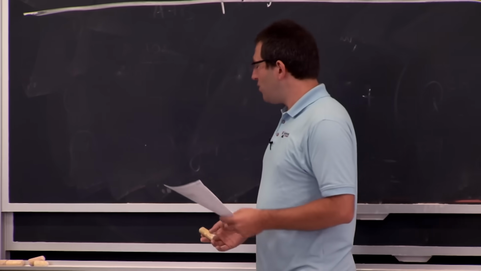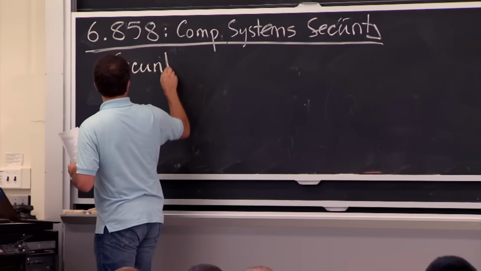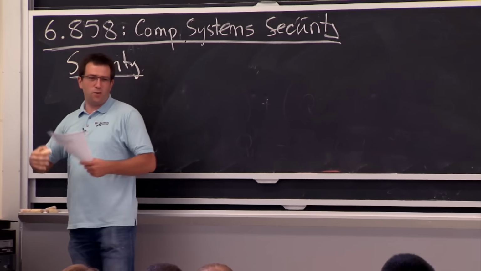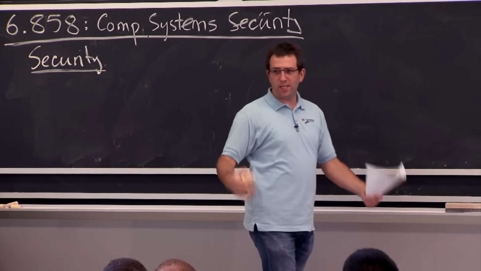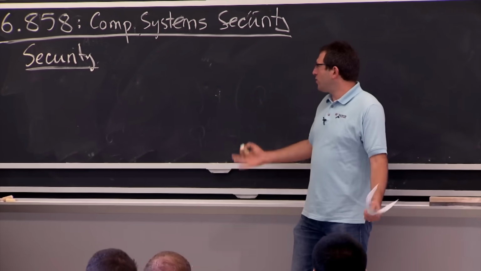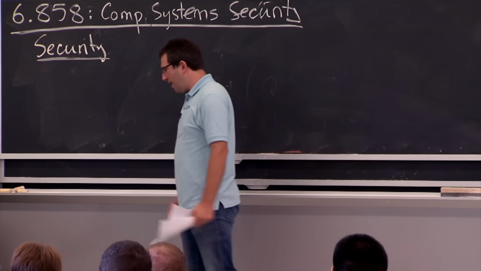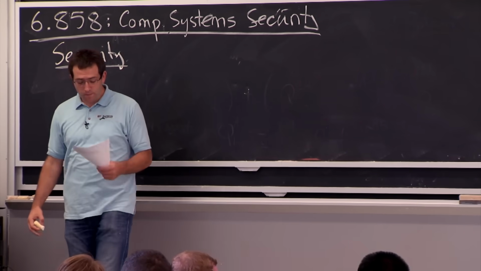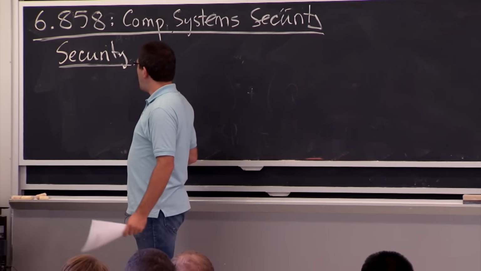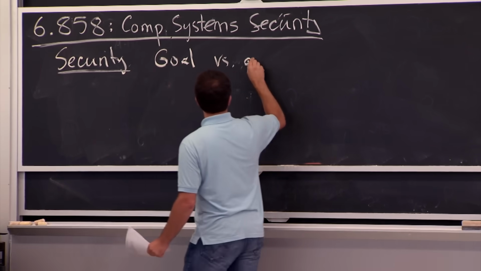OK, so what is security? We'll start with some basic stuff today. And we'll look at just some general examples of why security is hard and what it means to try to build a secure system. Because there's not really a paper, this will not have deep intellectual content maybe. But it'll give you some background and context for how to think about secure systems. So security in general is all about achieving some goal when there's an adversary present.